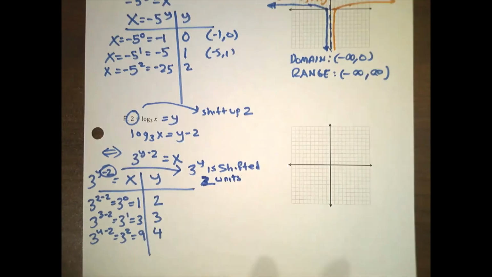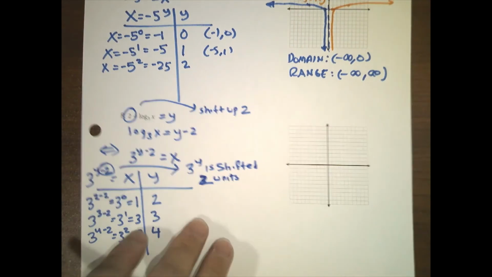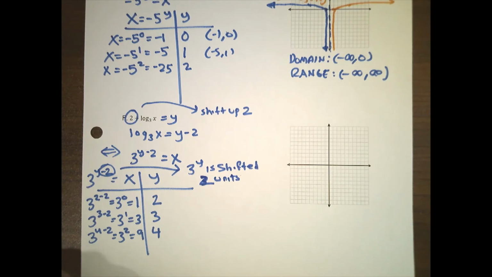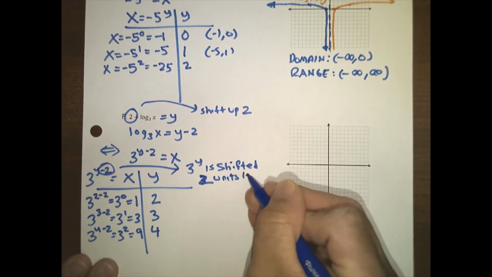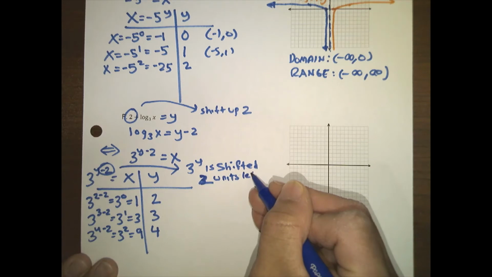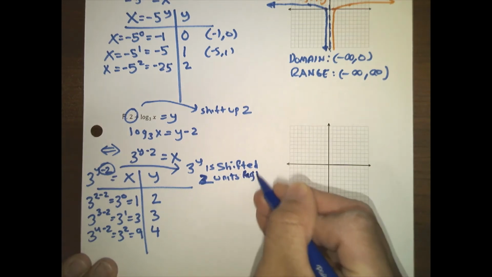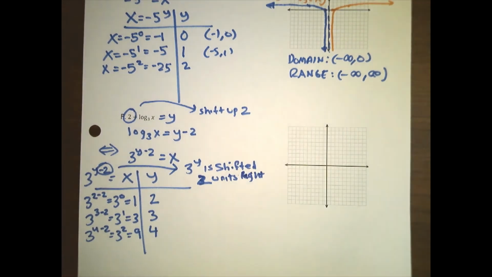All right, now, think about what is going on here, that I want to shift the 3 to the y. So try to remember this for a minute, that this is what is going on here.